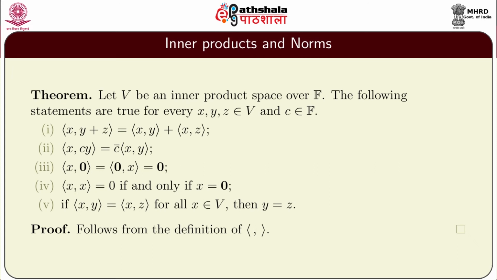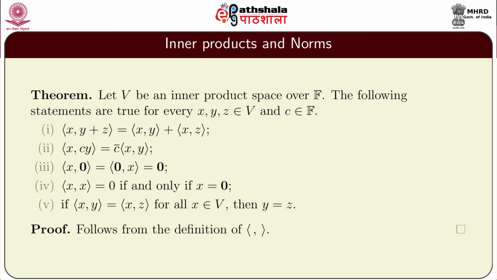Let us now define norm of a vector in an inner product space. Let V be an inner product space over a field F. Now, for every vector x in V, we define the norm of x to be the positive square root of inner product x comma x.